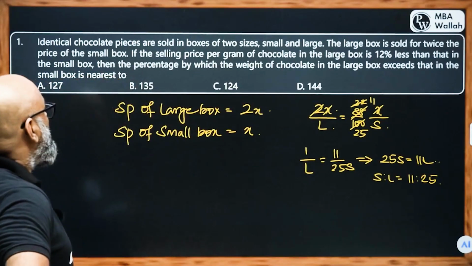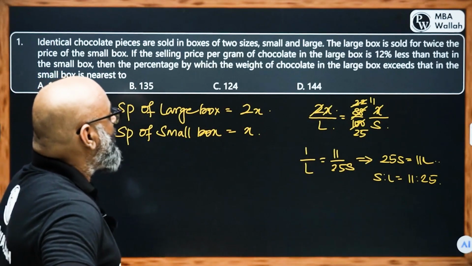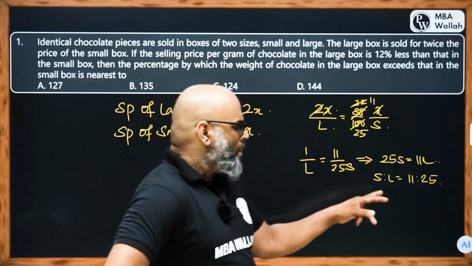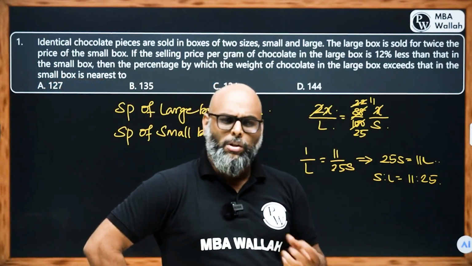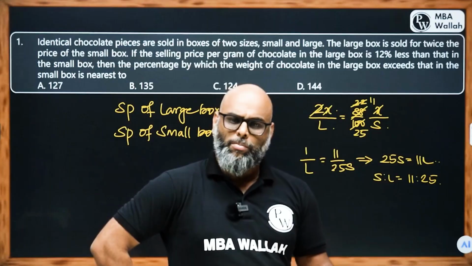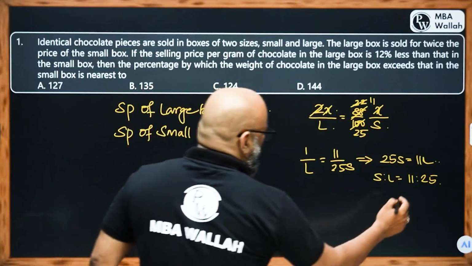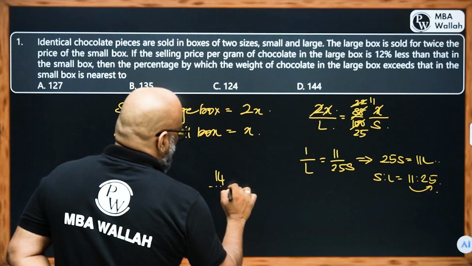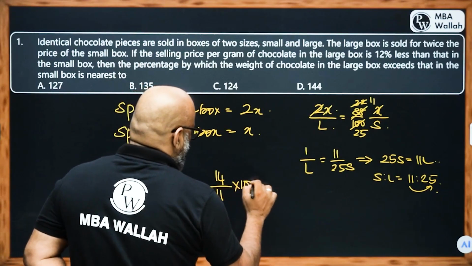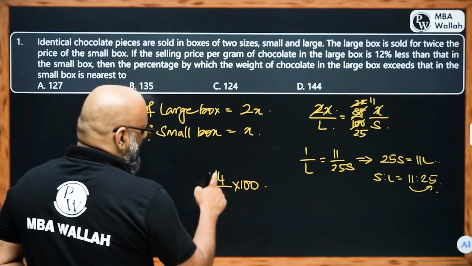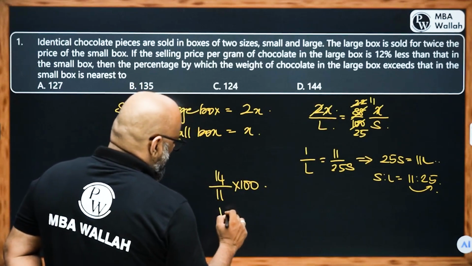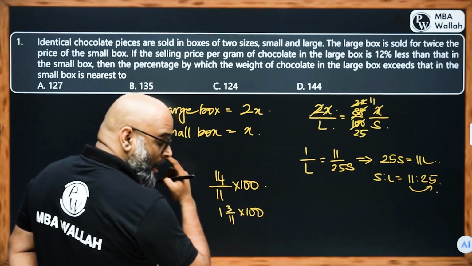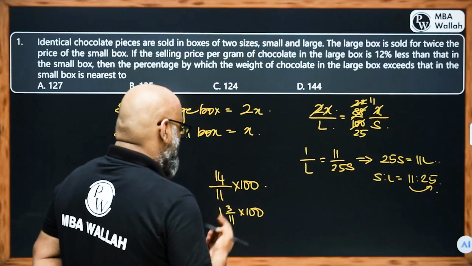So the question is, then, the percentage by which the weight of the chocolate in the large box exceeds that in the small box is nearest to. So the number of pieces and the weights are proportionate because all pieces are of the same size. So if there are 11 and 25, the gap is 14 from 11 into 100. That will be 14 by 11, which can be written as 1 and 3 by 11, into 100. 3 by 11 is 0.2727.